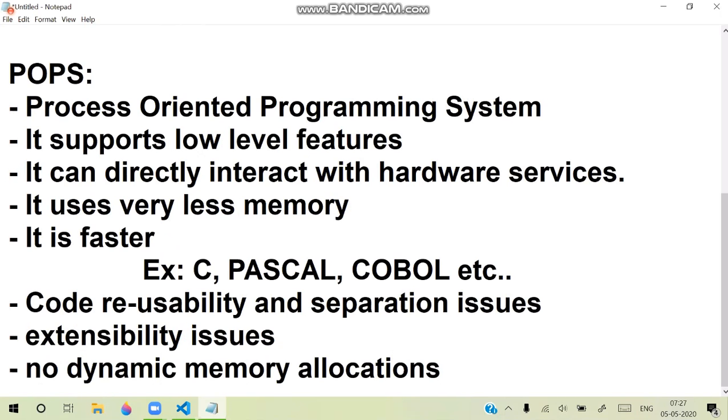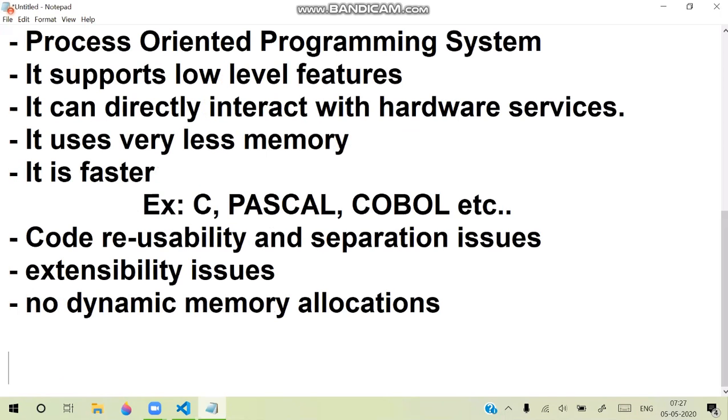So the main problems with these types of programming systems are reusability concerns, separation concerns, and extensibility issues, as they are not easily extendable. All these come under the problems of POPS, process-oriented programming system.